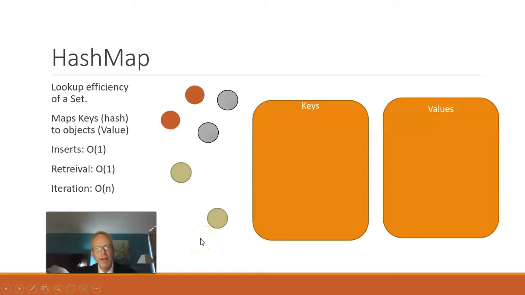Let's take a look here. Let's say that we add a key, which is this gray thing. Now, in a hash map, we can associate that to a value, which is just something where the key can be computed from this value or one of the fields of this value. In other words, if the value is a set of vehicle objects, the key might be that vehicle identification number, which is what we're going to use in this video.